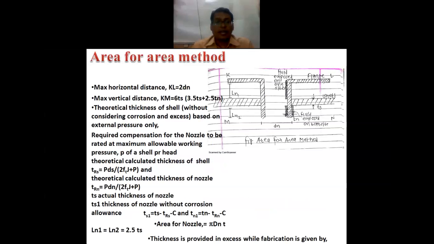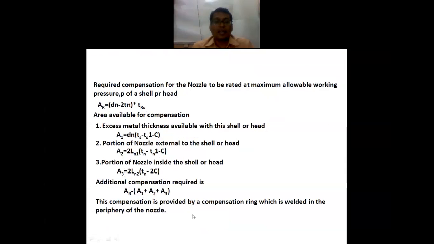We have already talked about Ts1, the thickness without corrosion allowance. This is the excess thickness which is already available. So this Ts1 and Tn1 are already available.